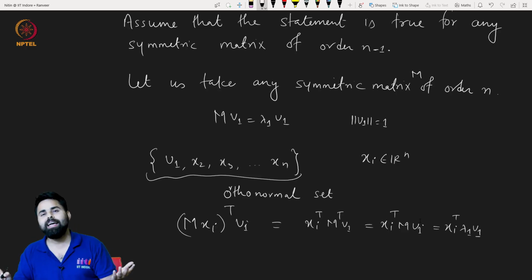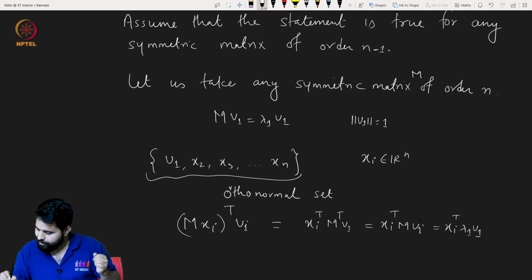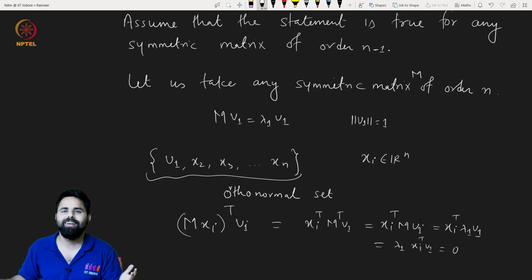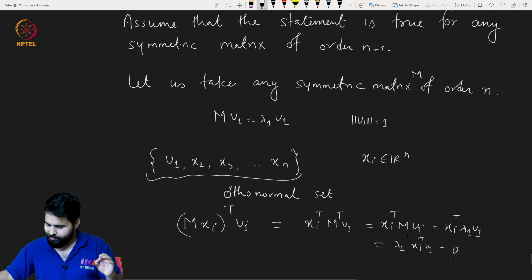Since all these xi's are orthogonal to each other and also to v1, this will give you lambda 1 times xi transpose v1. This will give you 0. We will make use of this neat fact very soon.